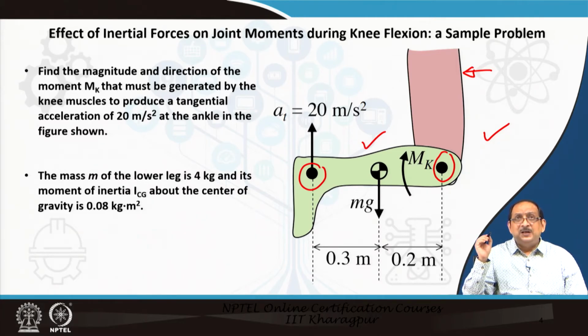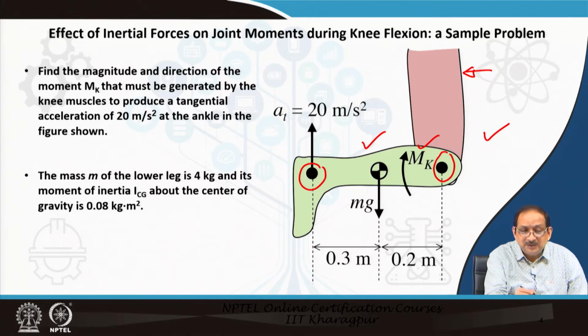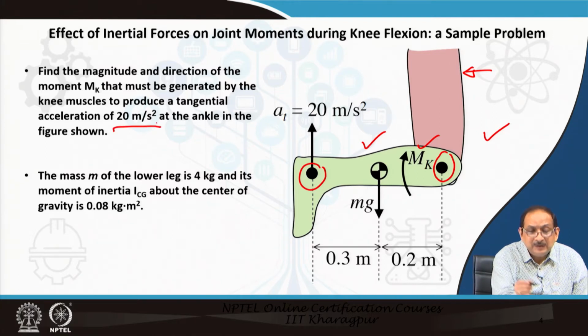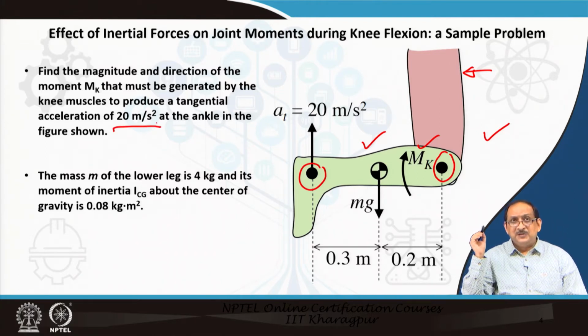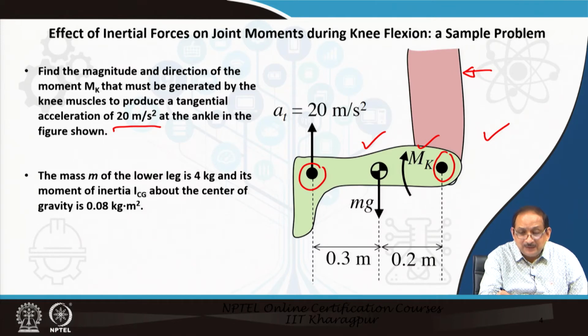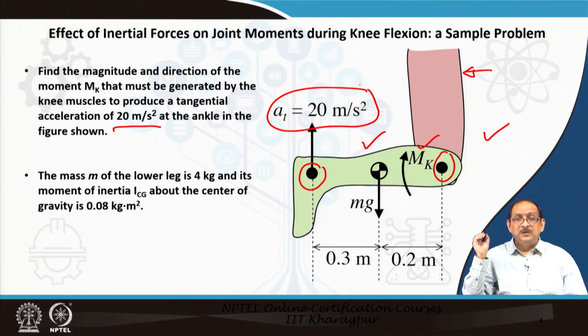We need to find out the magnitude and direction of the moment Mk that must be generated by the knee muscles to produce a tangential acceleration of 20 meters per second square at the ankle, in the figure shown. It is a position that can be described as knee flexion.